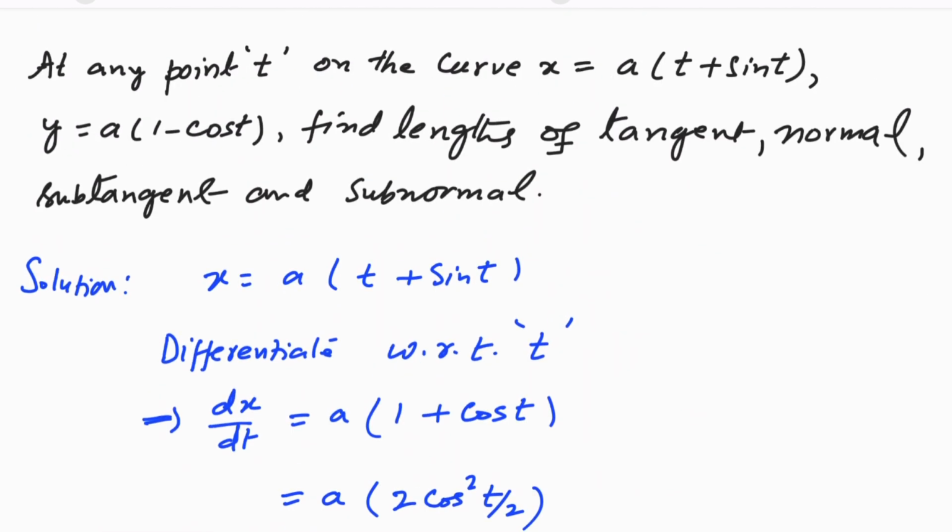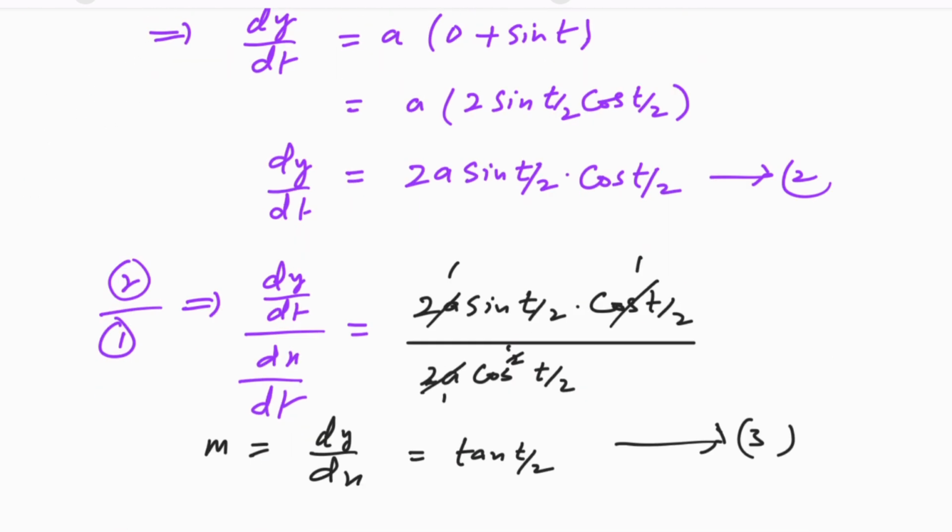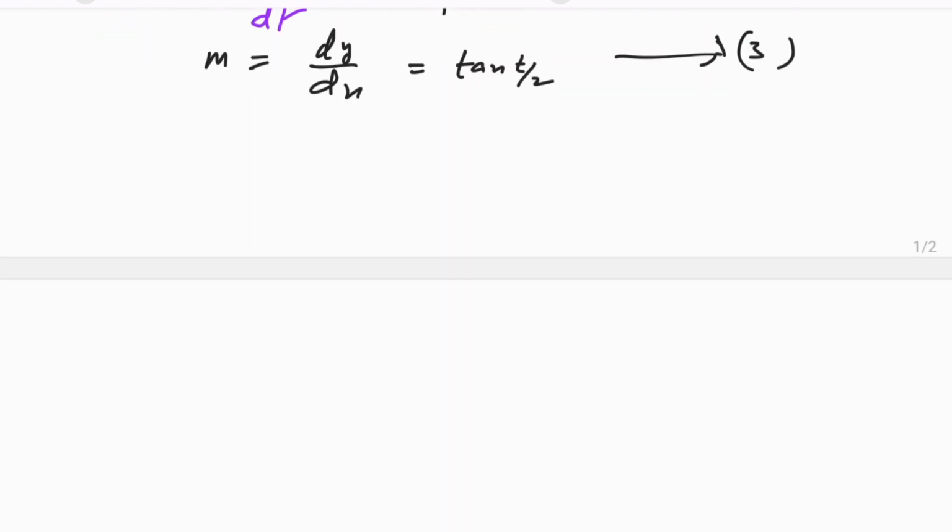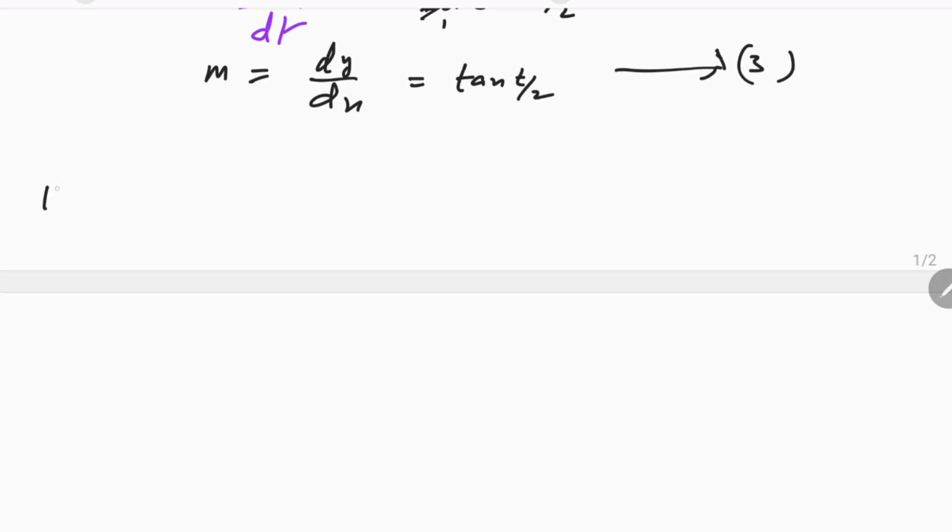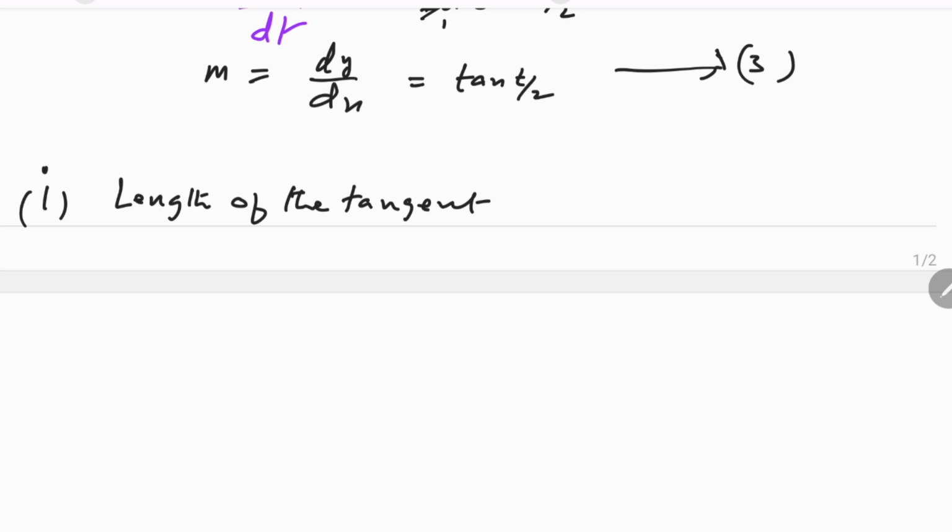And now we shall find out the length of the tangent first. What is the length of the tangent? The formula you know: length of the tangent is equal to |y √(1 + m²) / m|.